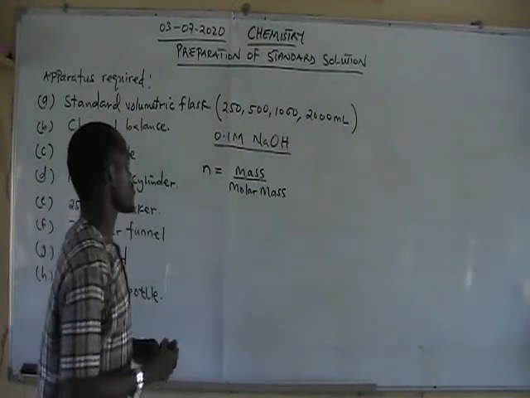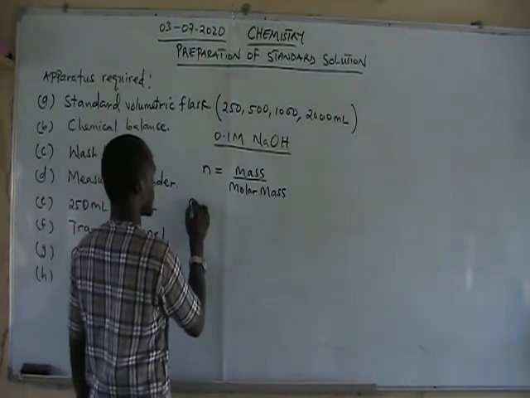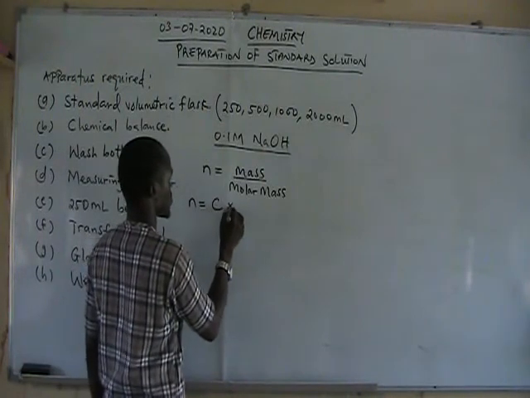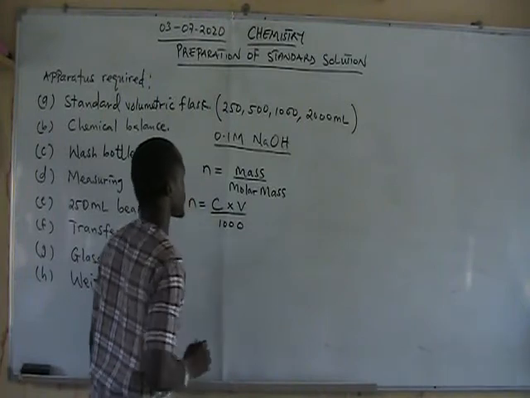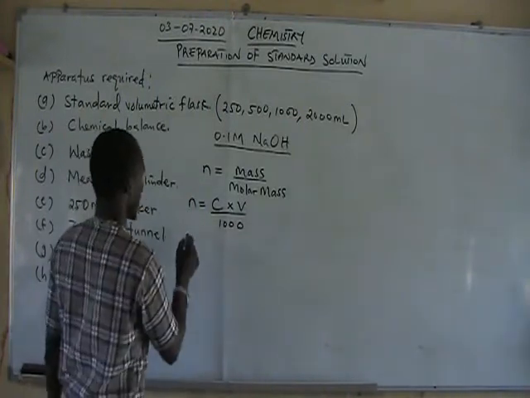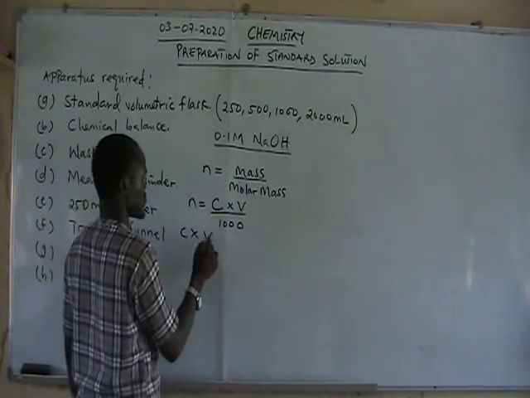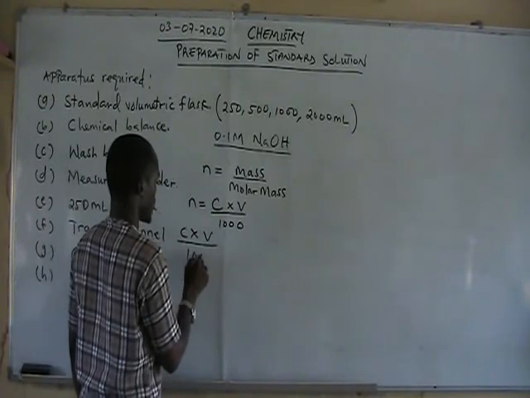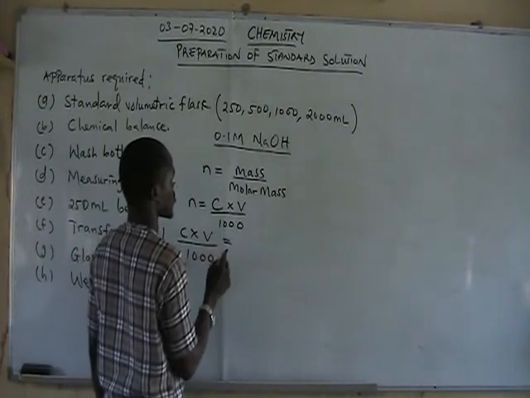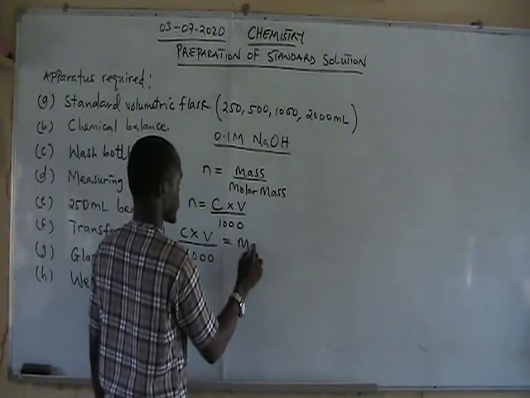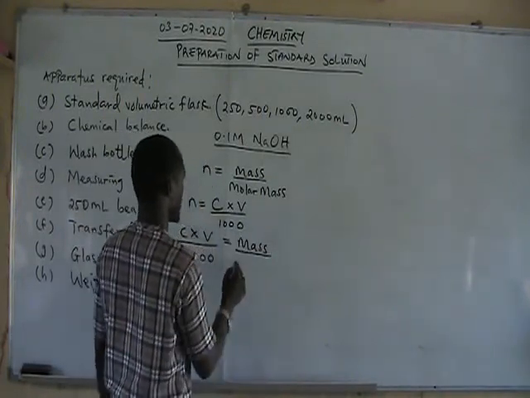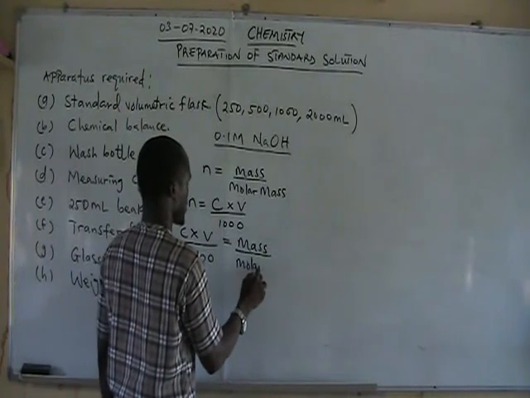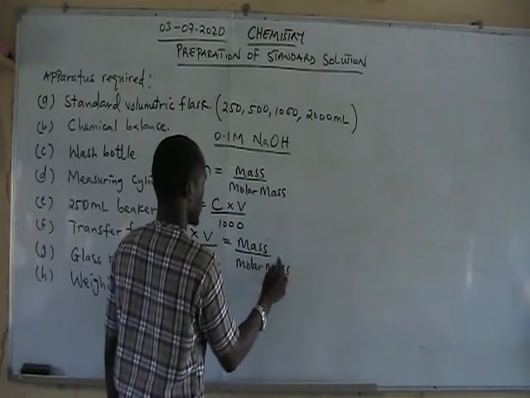But remember, we said our n is equal to concentration times volume divided by 1000. So if we substitute here, we have concentration times volume divided by 1000 equals the mass of the sodium hydroxide pellet we want to prepare divided by the molar mass of the chemical.